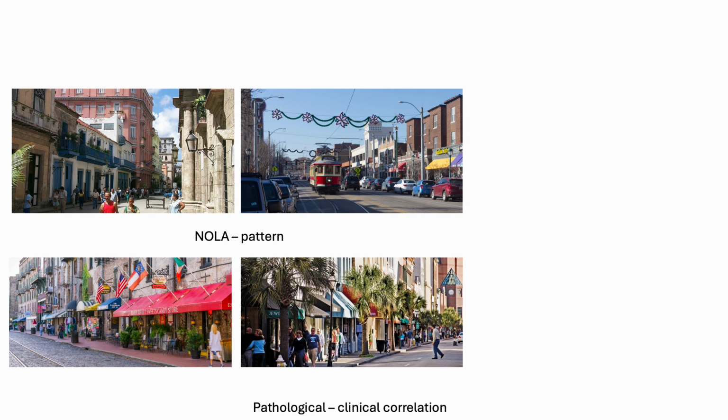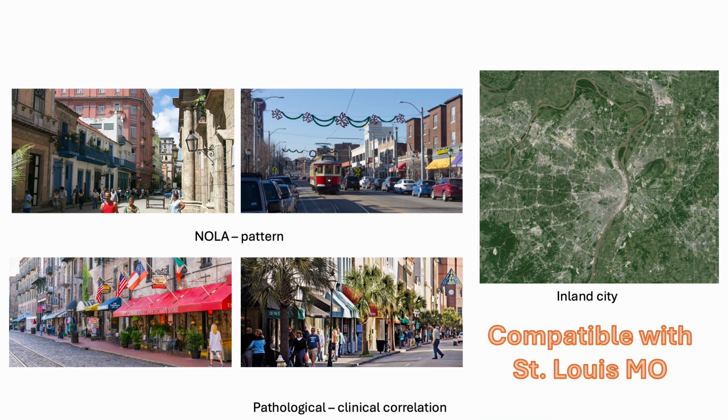And at this moment, you can have a list of differential diagnoses. Of course, New Orleans is one of them, but you can also list all the other cities that look like New Orleans. At this moment, you can only give a differential. But if your dermatologist gives you more clinical information, such as if she or he told you that there is no lake or no ocean nearby, then you can give a correlation.